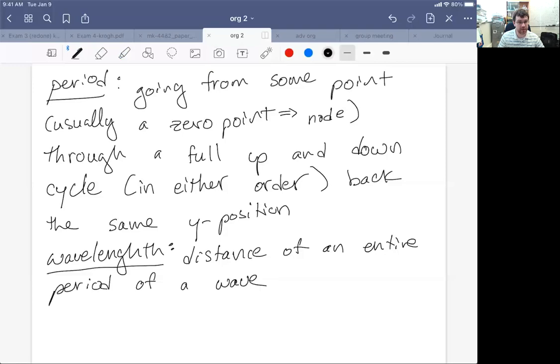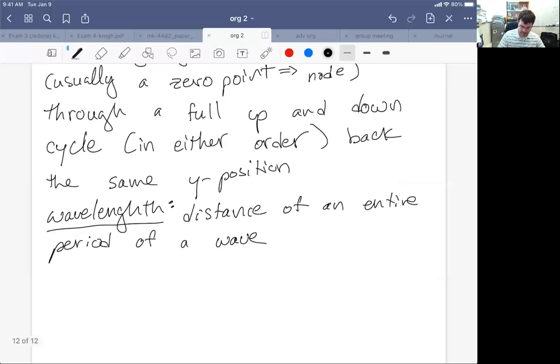If we're talking about a period, we have to go through that full up and down cycle anyway. Okay, so the wavelength is that distance for a period. And so if we had just a small wave and we consider starting from a node going positive first and then negative, going through an up cycle and then a down cycle, let's assume that that's a nicer symmetrical wave, the horizontal x distance is the wavelength.